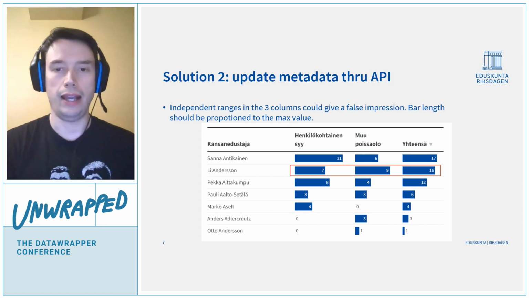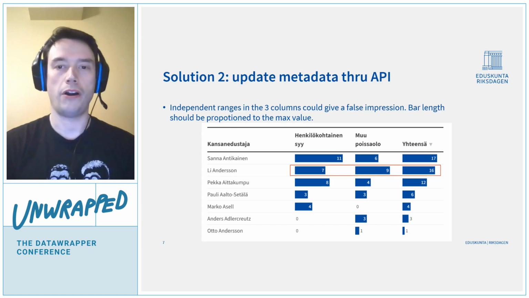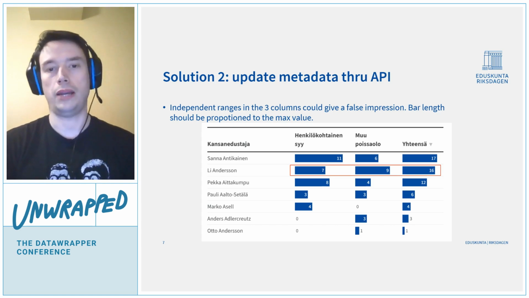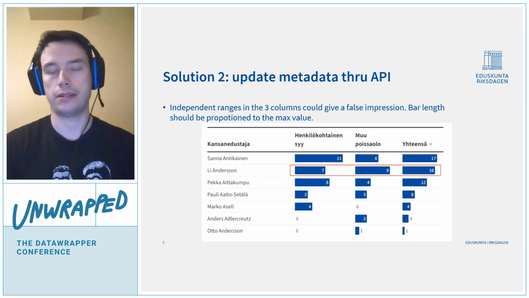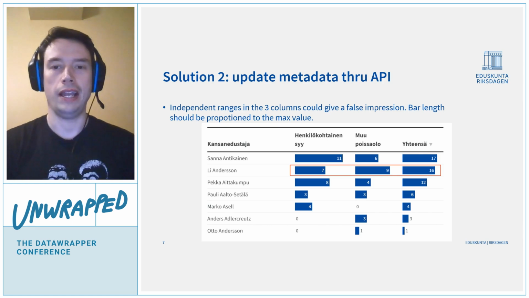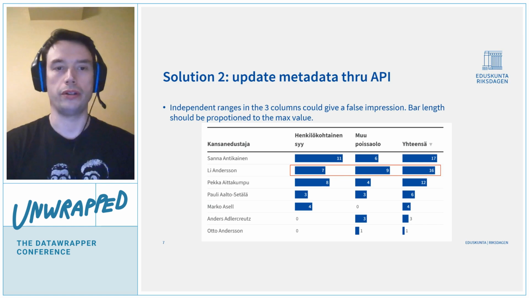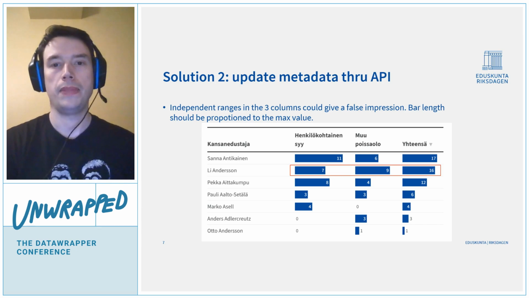Like here, although the actual numbers on how many times one MP has been absent differ, the bar lengths look similar to each other, and someone who is just looking fast or skimming the view may have a false impression of how different things are in proportion to one another. So the bar length should be proportioned to the max value. So how to do this with live updating data?